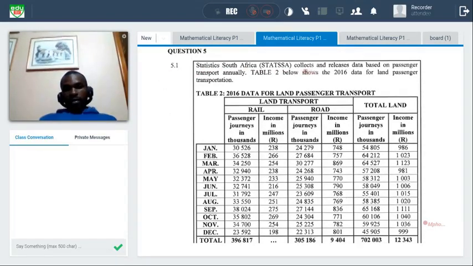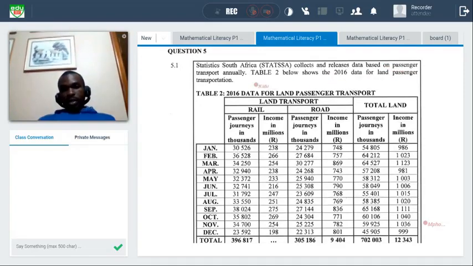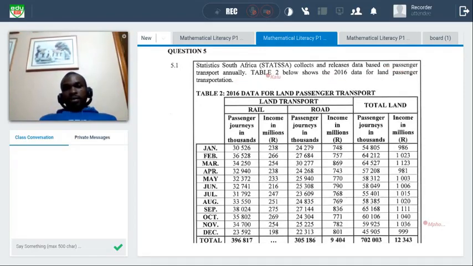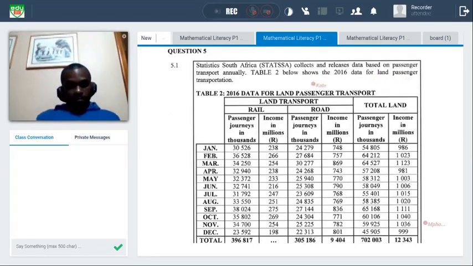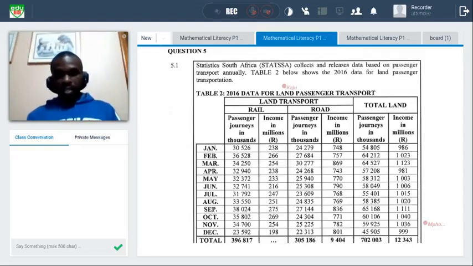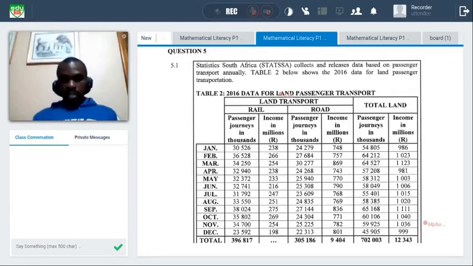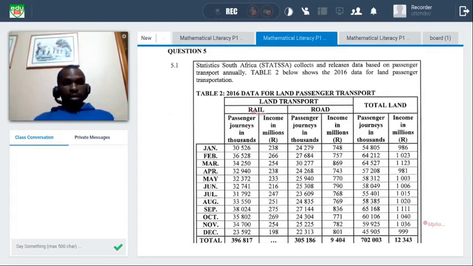Statistics South Africa collects and releases data based on passenger transport annually. Table 2 below shows the 2016 data for land passenger transportation. When you talk about land passengers, you have the rail and the road.